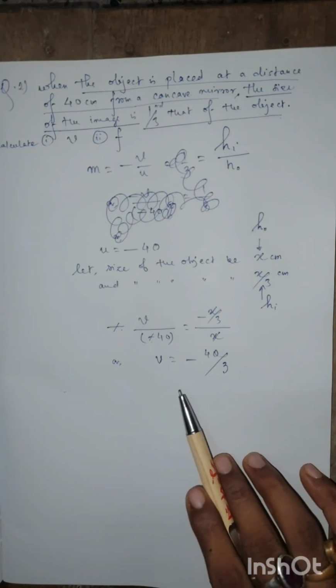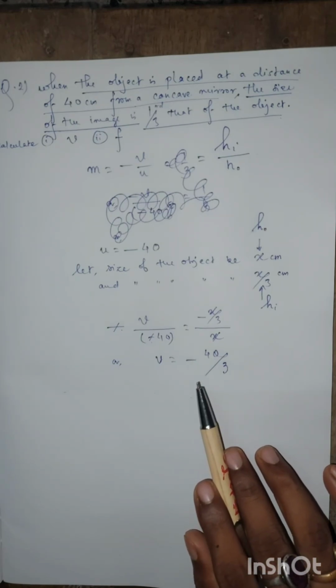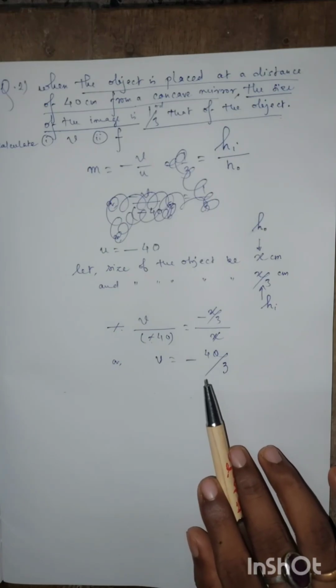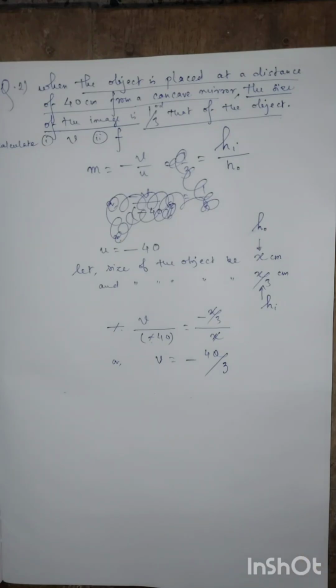Here the negative sign represents that the image distance is measured opposite to the direction of incident light. That means the image is formed in front of the mirror.